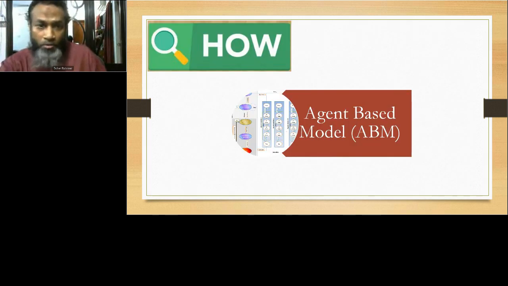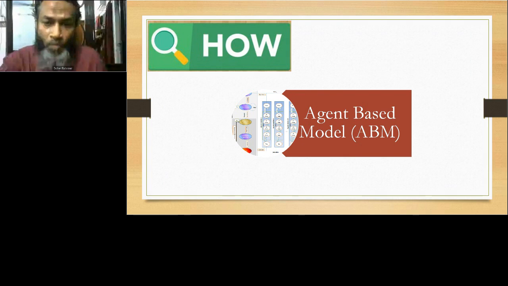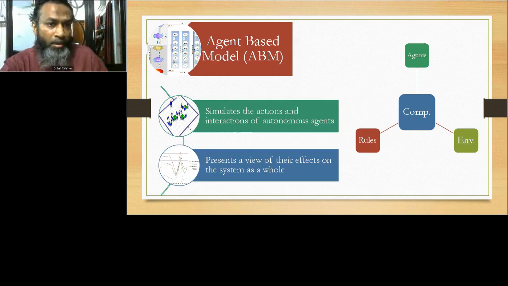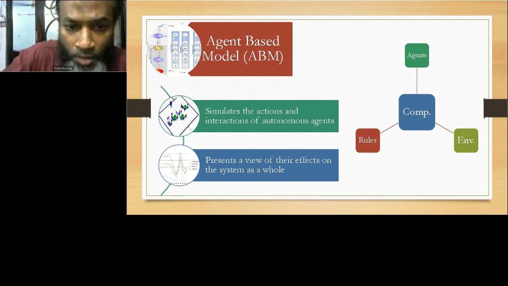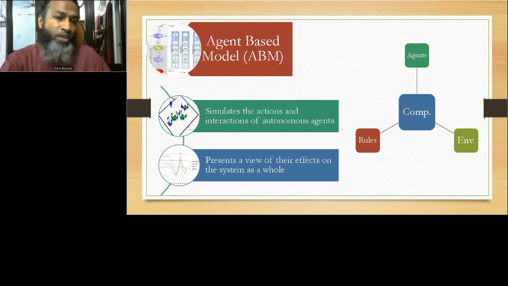Okay, so we will talk about an agent-based model, which simulates the actions and interactions of autonomous agents, and it presents a view of their effects on the overall system, how they work and so on.